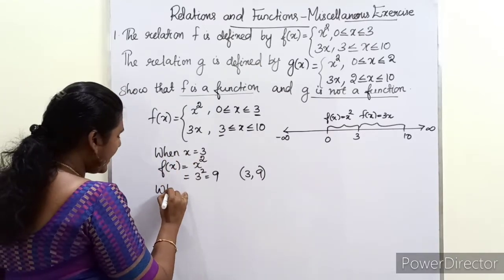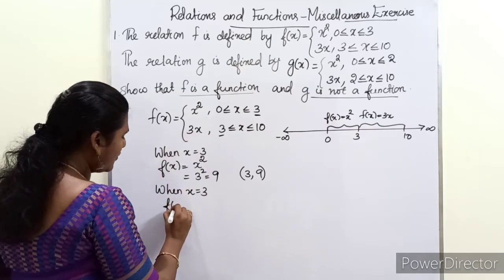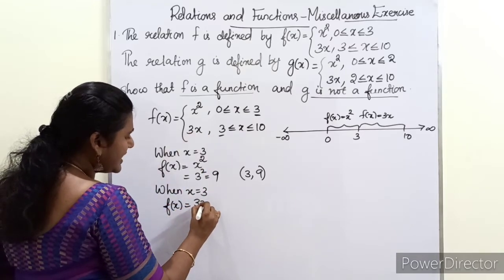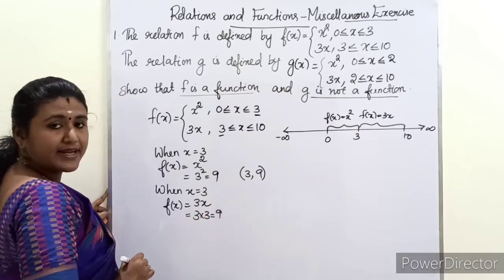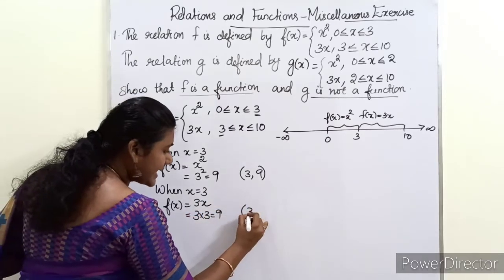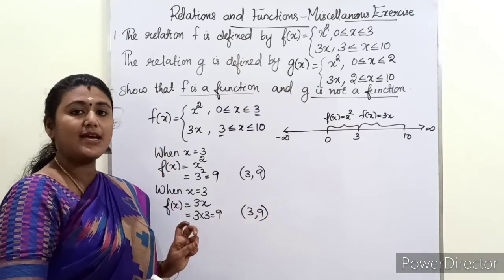Now again when we take x is equal to 3, we consider the second rule, f of x is equal to 3x. Here also if you substitute x is equal to 3, we get 9 only. That is, in the second case also we are getting the ordered pair (3, 9), the same ordered pair.